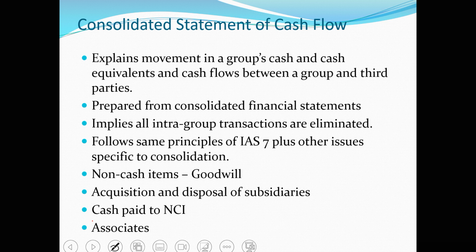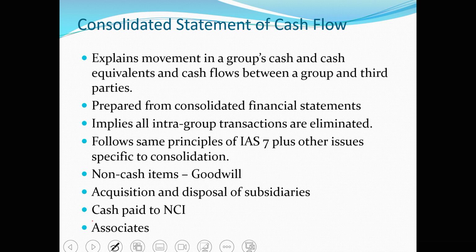You add back goodwill impairment, not amortization, impairment, sorry. Then acquisitions and disposals of subsidiaries. For acquisition and disposal, you determine the cash from acquisition and the cash from disposal. So you have some adjustment to make.